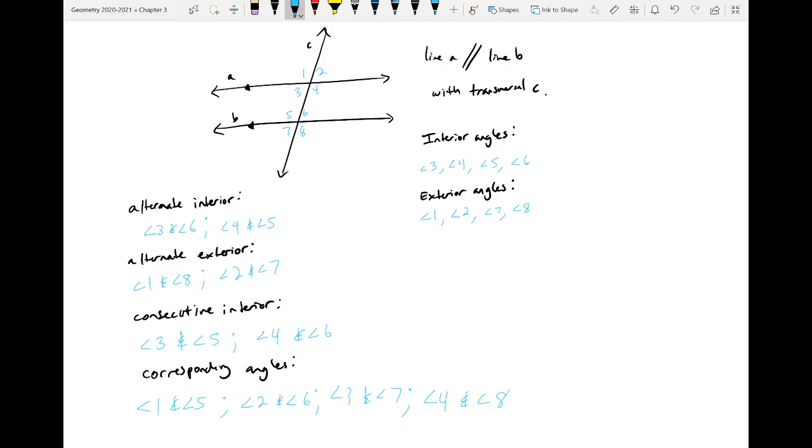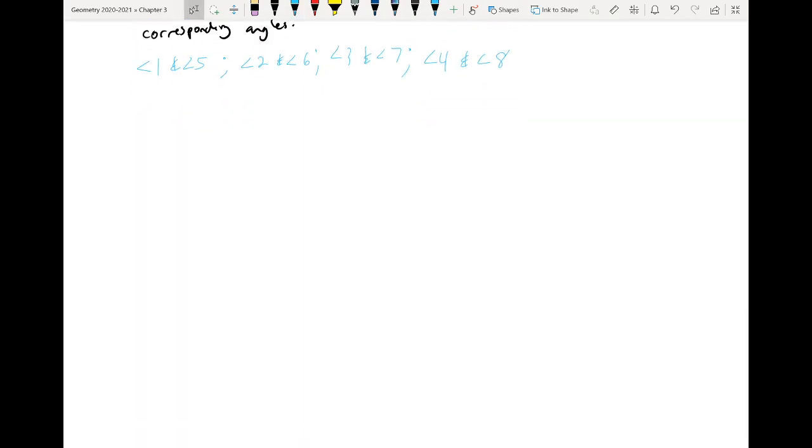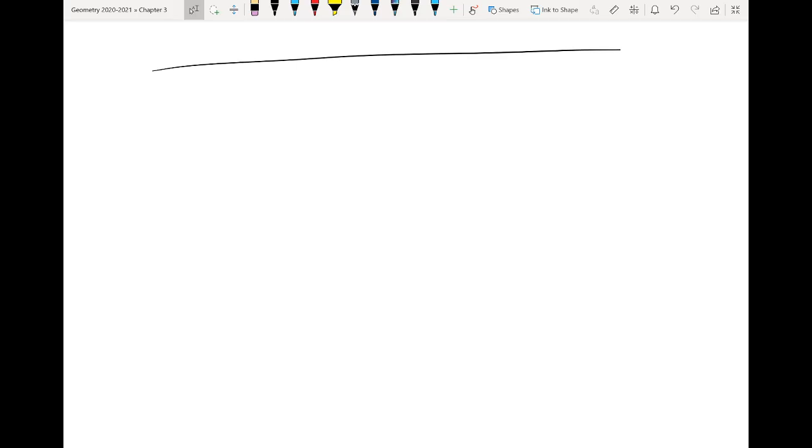Finally, for today, we are going to discuss perpendiculars. Perpendicular lines happen when the following happens. So we're going to have a line, and these are going to be intersecting lines.